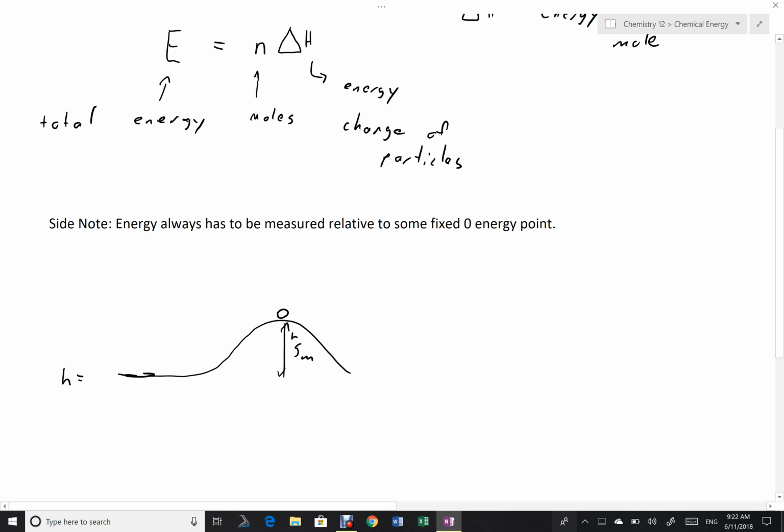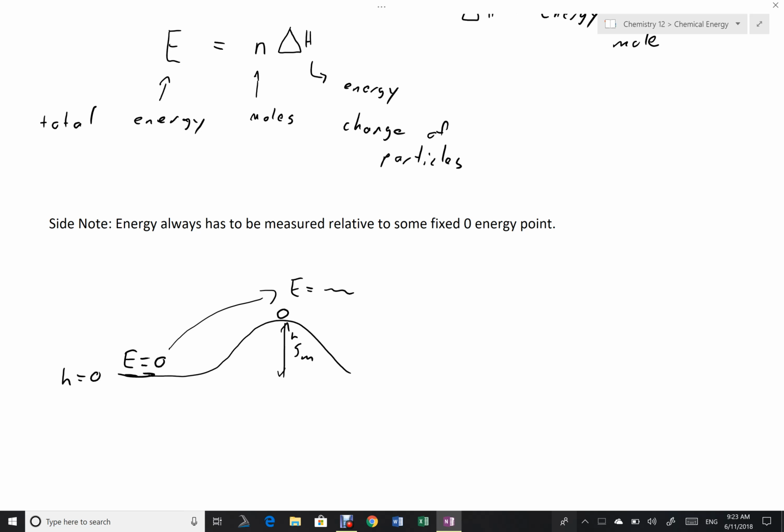So we're calling the ground level height 0. And so really what we're doing is we're saying energy is 0 at this fixed reference point. So here we can say energy is equal to whatever it is based on the fact that it is that much more than 0.